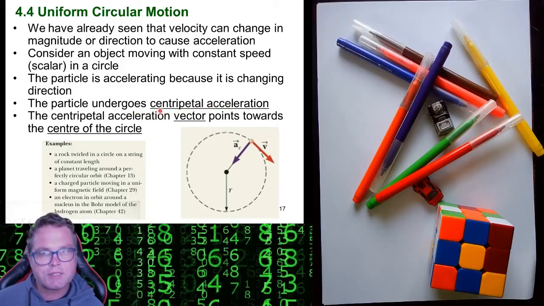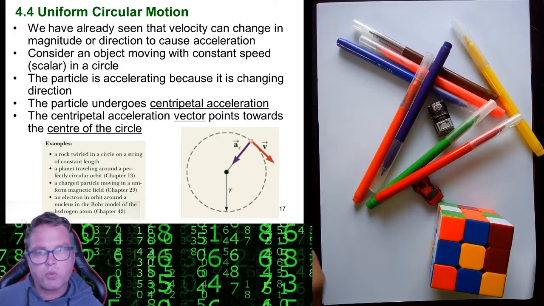And centripetal acceleration, like other accelerations, is a vector, and it points towards the center of the circle. We're going to calculate an expression for the magnitude of the centripetal acceleration next, but for now, be aware that it's a vector that always points towards the center of the circle.